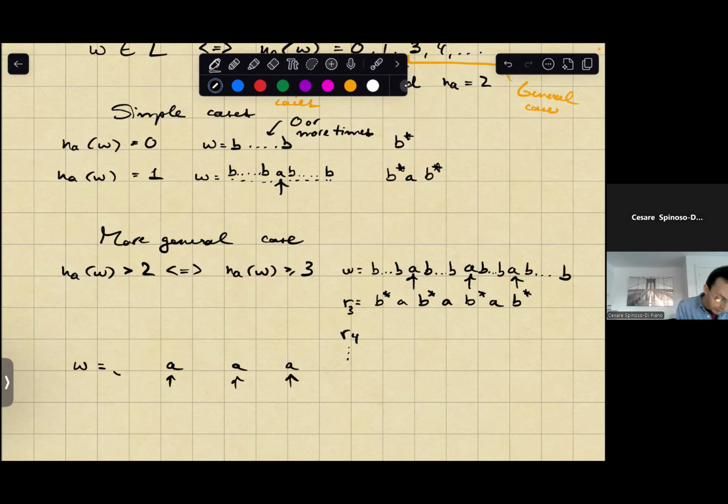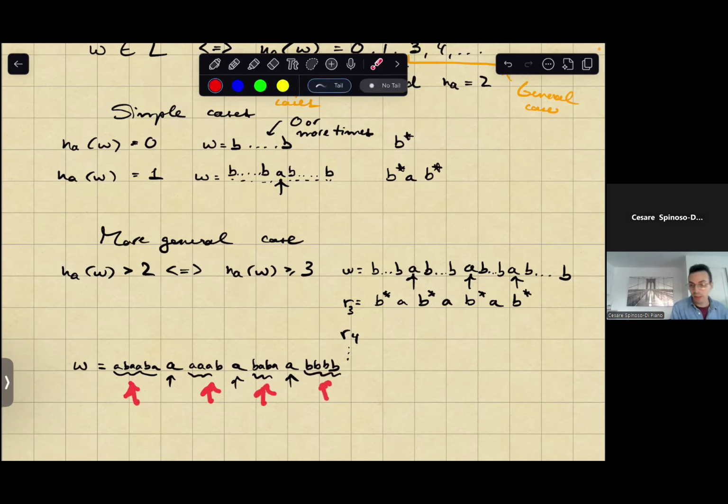So for instance, here I could have A, B, A, B, A. Here I could have A, B. Here I could have B, A, B, A. And here I could have B, B, B, B, right? So what this is telling me is that I can have any string in between and to the left and the right of the A's.